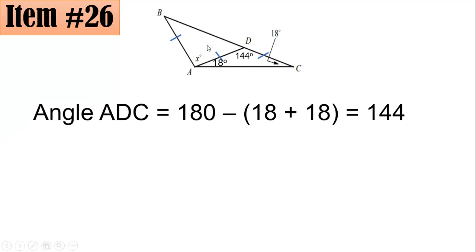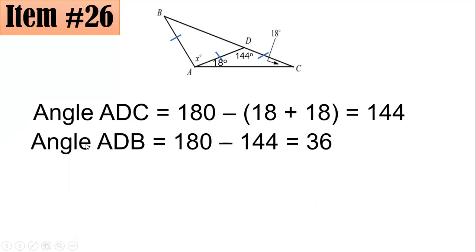Next, we could see that angle BDA here and angle ADC are forming a linear pair. And since they form a linear pair, they should be supplementary. Hence, to get the angle ADB, subtract 144 from 180, and this should be 36 degrees here.